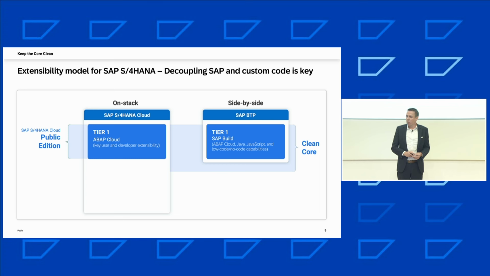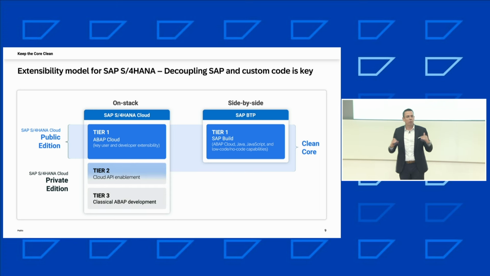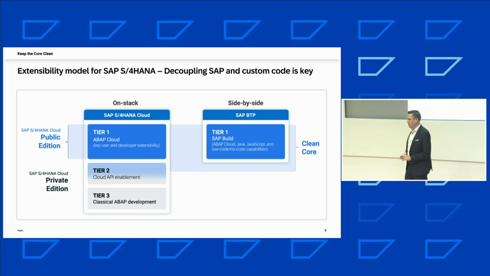So where's now the difference? In the private cloud, you have additional options. There is the so-called tier 2 and tier 3 layer. And let me start with the lower one, tier 3, which is the classic ABAP code. So everything that you developed in the past typically is ABAP classic.